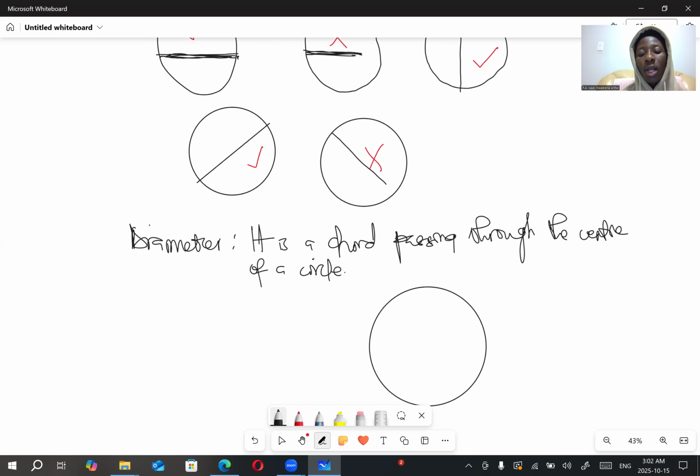You don't assume for any question you are given: if you are not notified that there is a center, then there is no center. For all the diagrams I've been drawing underneath, O is a center, so I've notified you. The moment you are told there is a center, any chord that runs through the center of the circle is a diameter. It's a normal chord, but the moment it runs through the center of the circle, it's now a diameter. So that's it. It's not hard.